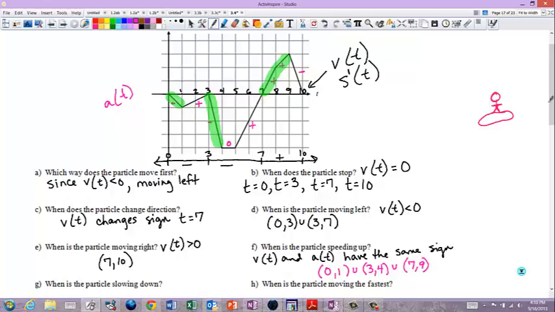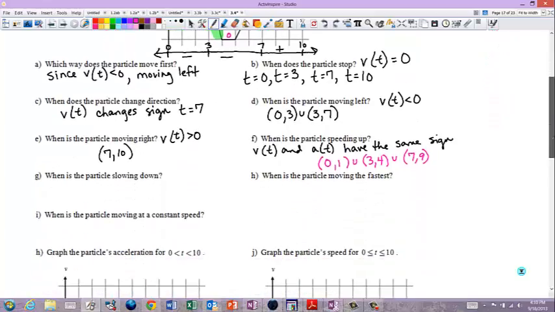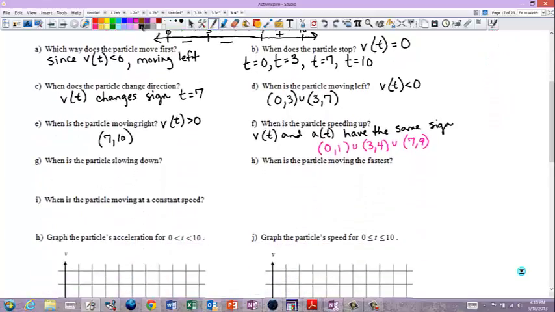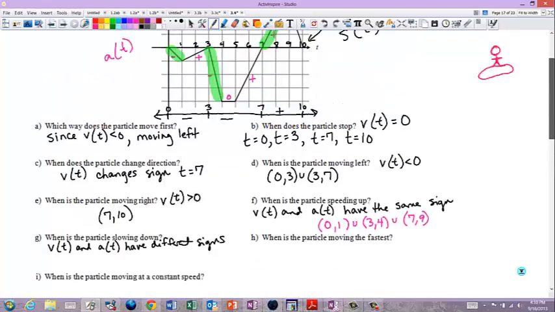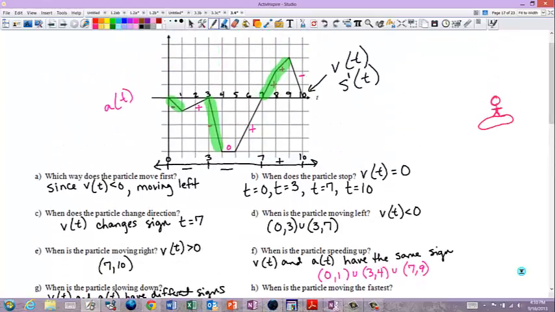When is the particle slowing down? Well, let's see. If the particle is speeding up when they have the same sign, it's going to be slowing down when velocity and acceleration have different signs. Okay? So when would it be slowing down?